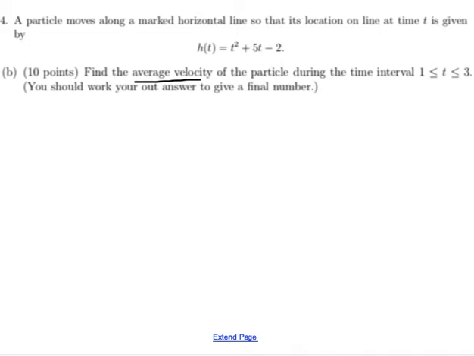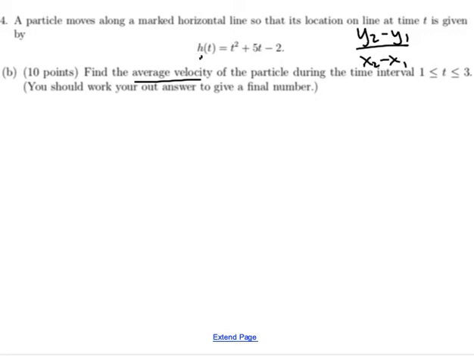Okay. So when I'm asking you guys for average velocity, what do you gotta be thinking? Old school slope. Whenever I say average, it's y2 minus y1 over x2 minus x1. However, in calculus, we don't use y2 minus y1, we use function notation. We're using function h.